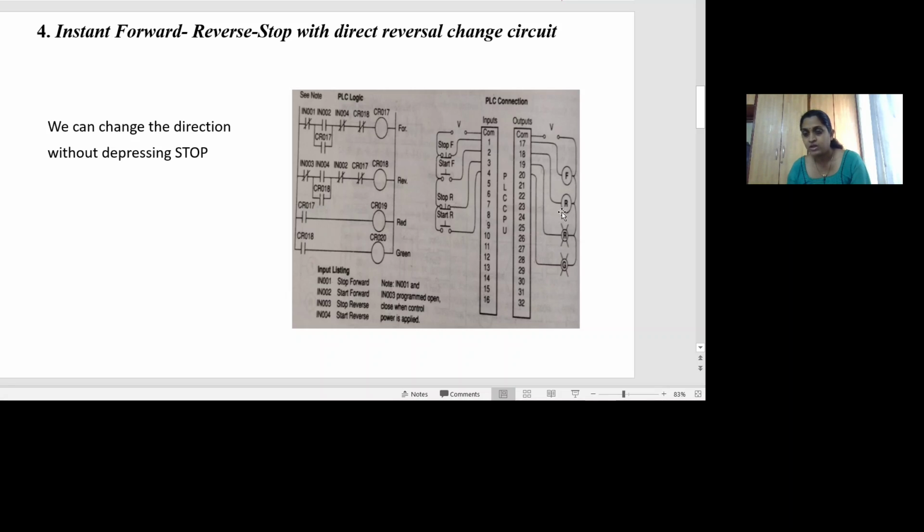Then R indicates a drive for the reverse direction, connected between the common terminal and terminal 18.